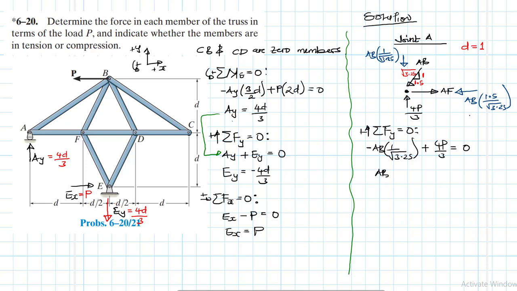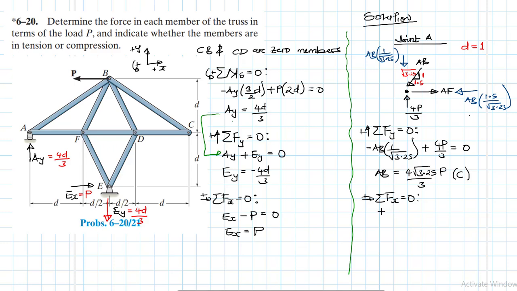Then therefore AB is going to be equal to 4 root of 3.25 P divided by 3. Is that fine? Then we had assumed AB to be in compression, therefore since it has come out positive, it's in compression.